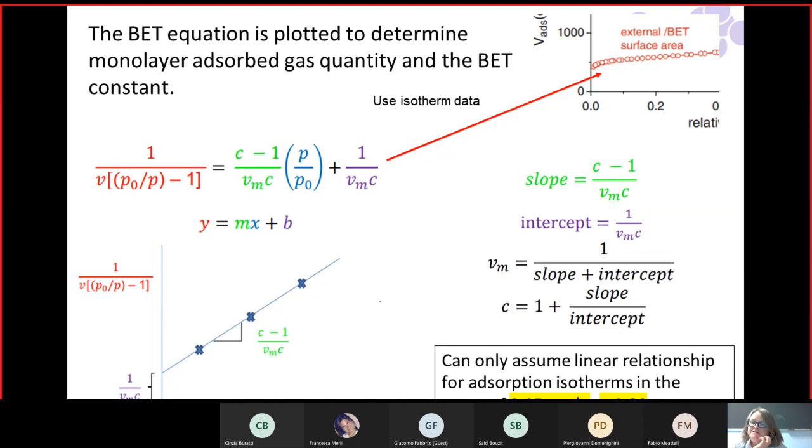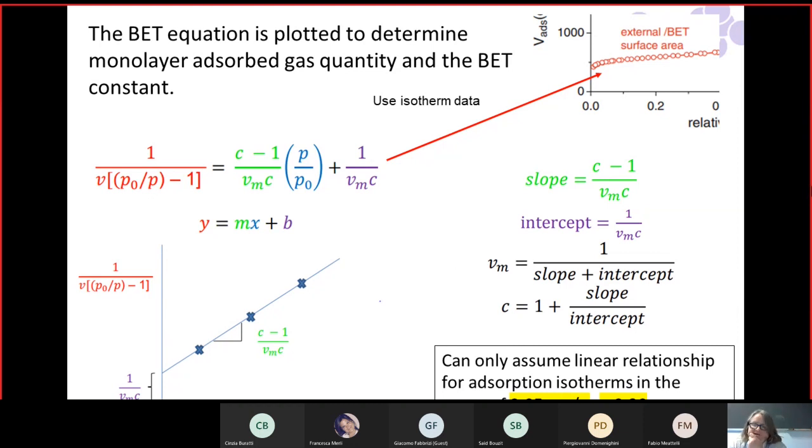Typically you would take some 5 points in this region. You can use as many as you like. And you fit that data. You plot it this way. This is something I measure. This is something I measure. This is something I measure. You plot it and you fit an equation of a line. The slope of that line is related to this.